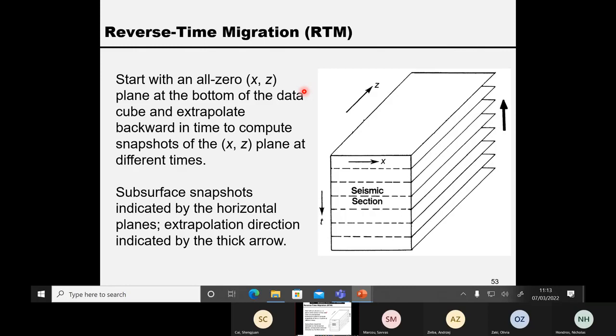And in fact, we call it reverse. Reverse means we start from the maximum time, from the bottom, and the wave propagates backwards. So from here, you go back to here, backwards. The thick arrow here indicates the direction.